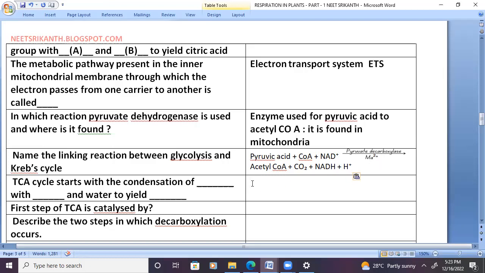The TCA cycle starts with the condensation of acetyl coenzyme A with OAA, oxaloacetic acid, to give citric acid. The first step in TCA is catalyzed by citrate synthase.